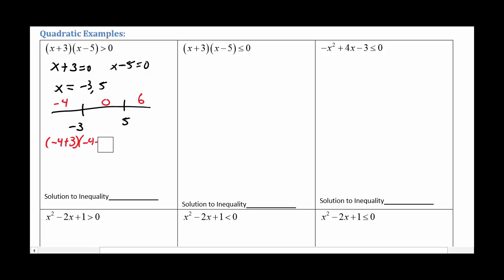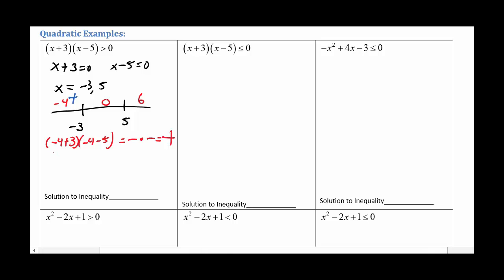I'll write it out for this one, and then we'll see what I mean by really easy to see. If I simplify this, I get -4 plus 3, well, that's a negative number. And -4 minus 5, that's a negative number. And a negative times a negative is a positive. So that part of my chart is positive.